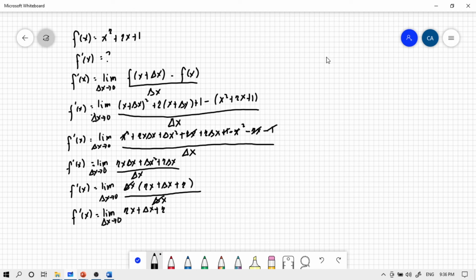So we have f prime of x equals 2x plus delta x is 0 plus 2. And we have the derivative, f prime of x equals 2x plus 2. So the derivative of x squared plus 2x plus 1 is 2x plus 2.